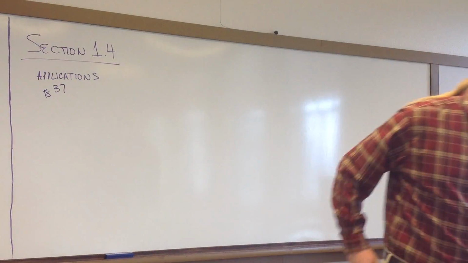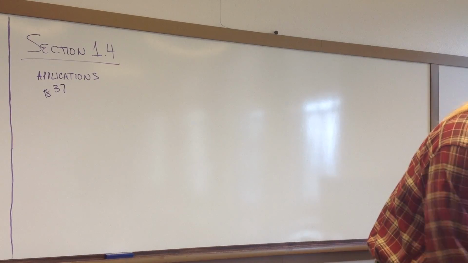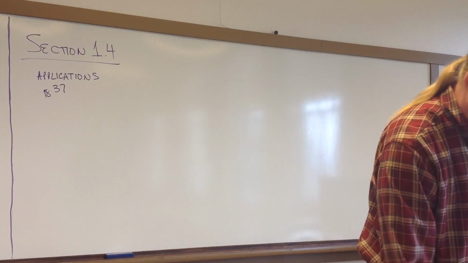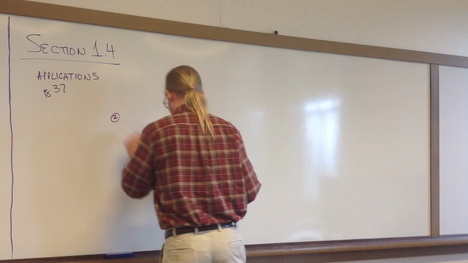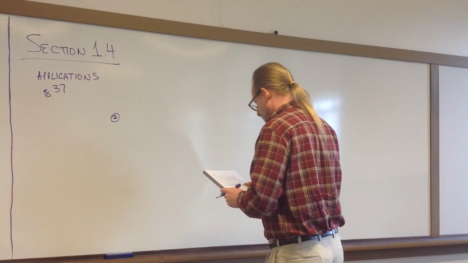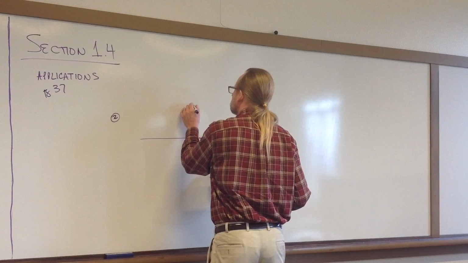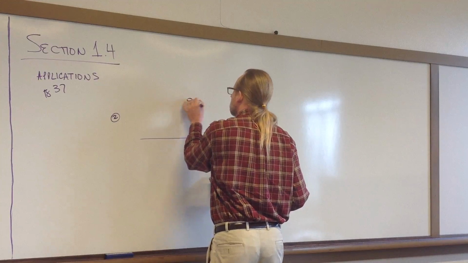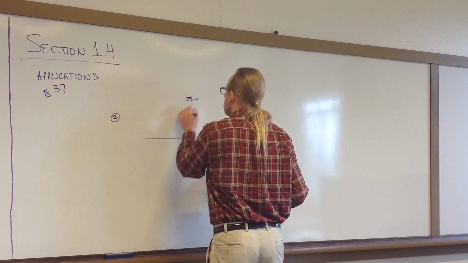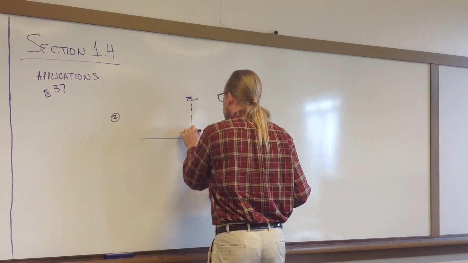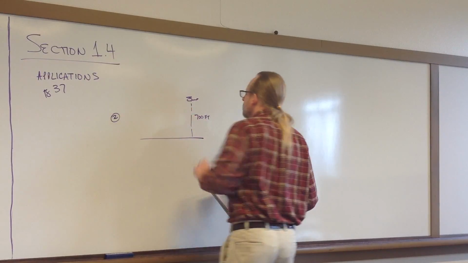Well, let's take a look at some of these problems for section 1.4, starting on page 37. Problem 2. We've got a helicopter 700 feet in the air. Here's the helicopter, and we're going to say that that is 700 feet.